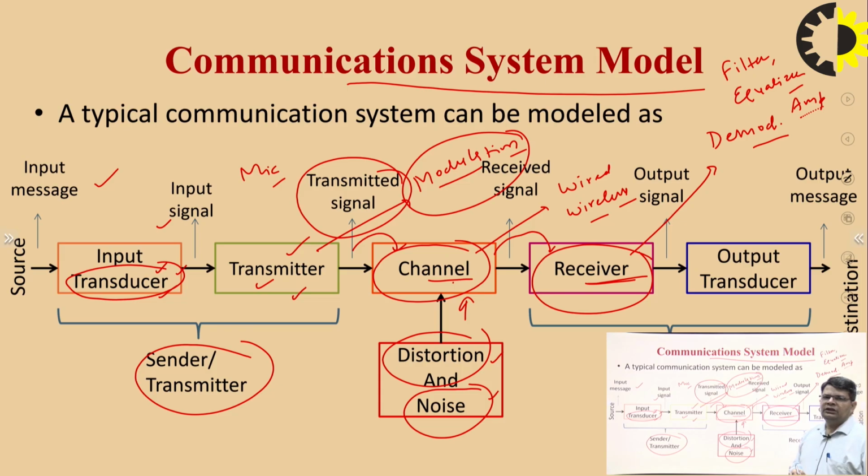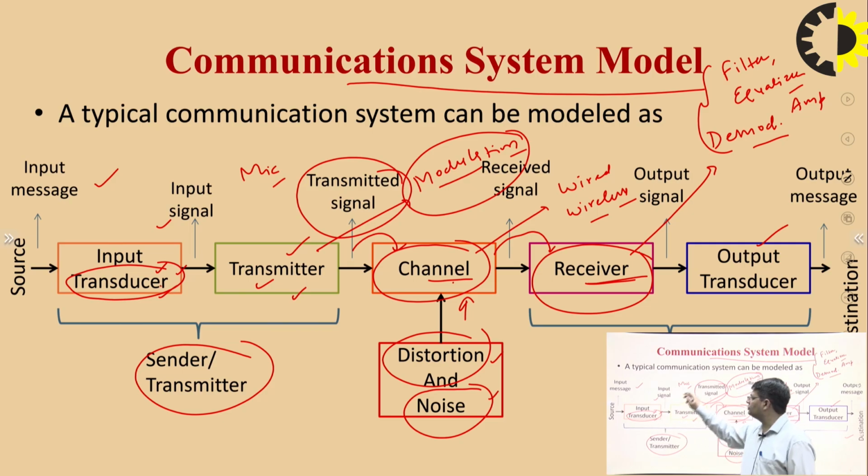That's why the structure of the receiver is more complex as compared to the transmitter side, because we need these additional blocks for getting the desired message signal as it was available on the transmitter side. And finally, we will use the output transducer as we have used on the input side. For example, on the input side we have used a mic for converting the sound into the electrical form.